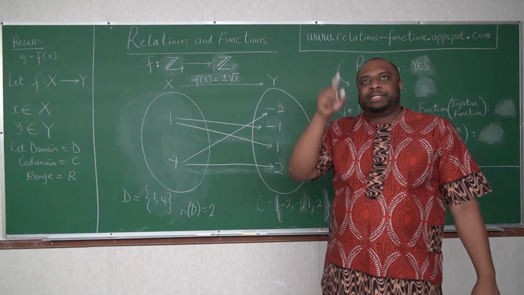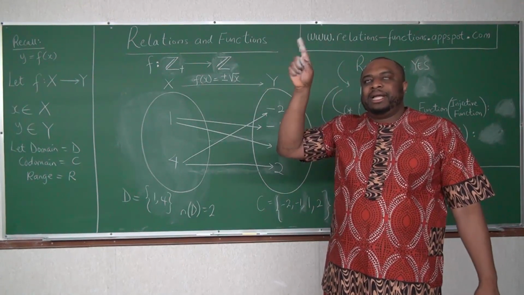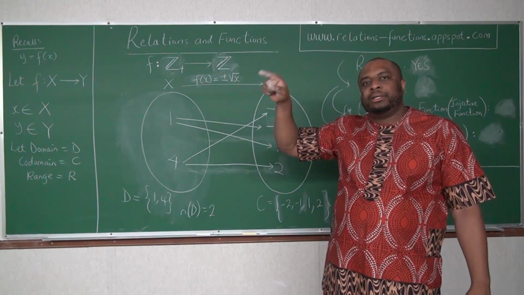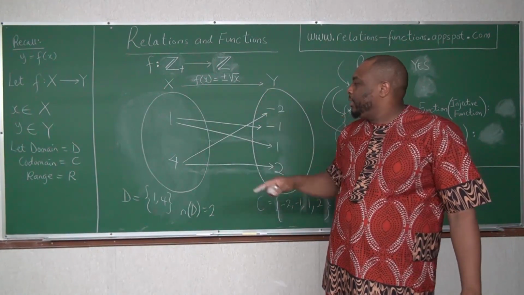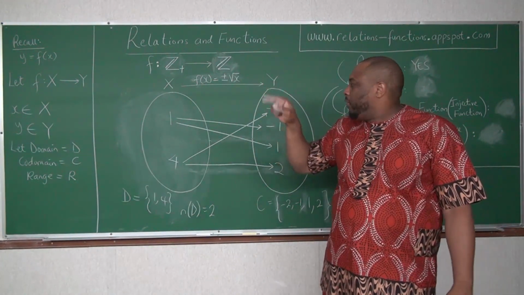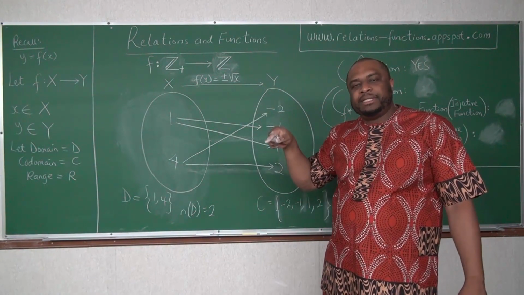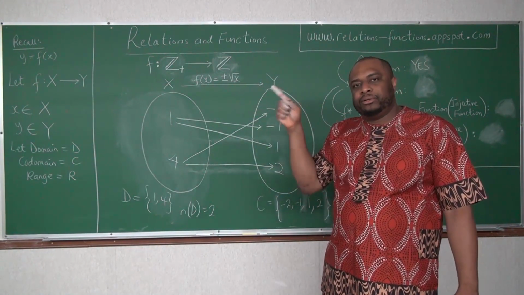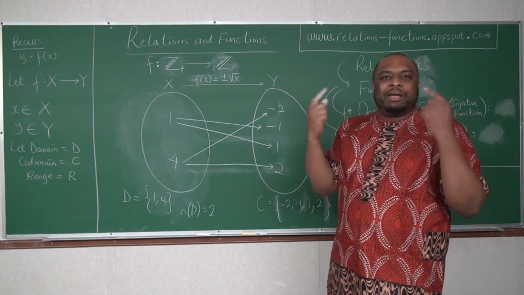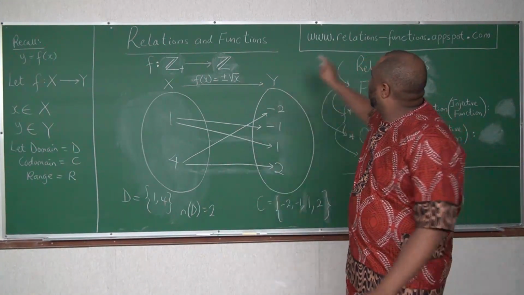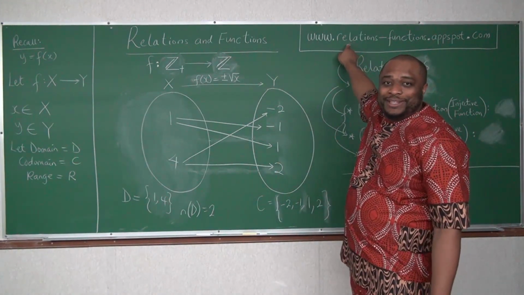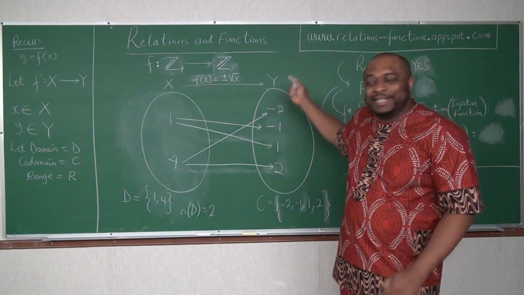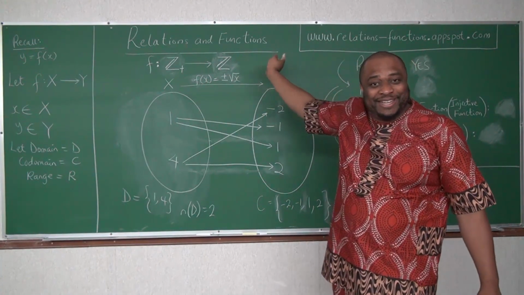You write the braces, parenthesis 1, -1, comma, parenthesis 1, 1, close the parenthesis, comma, parenthesis again 4, -2, close the parenthesis, comma, and then 4, 2, and then you close it. So what I'm saying now is here. Some of you might ask why don't you write it. Well, I've written it here, so go and read it.